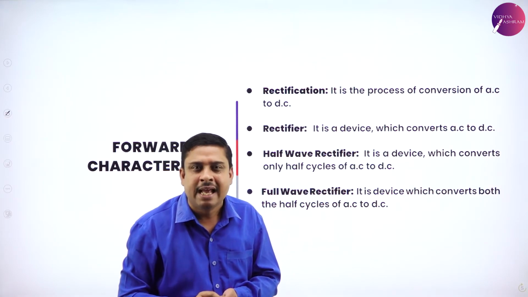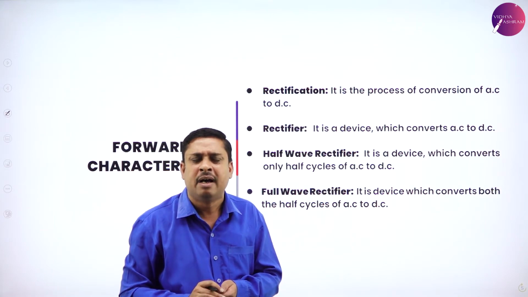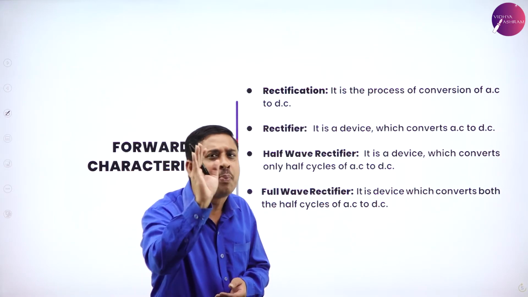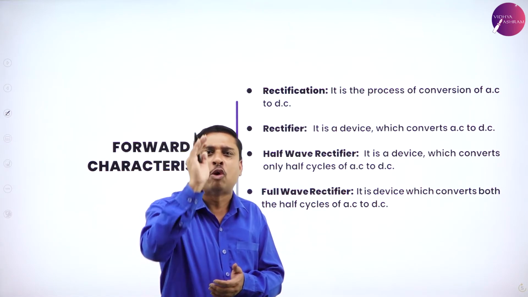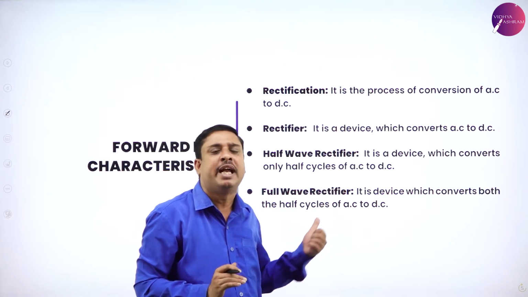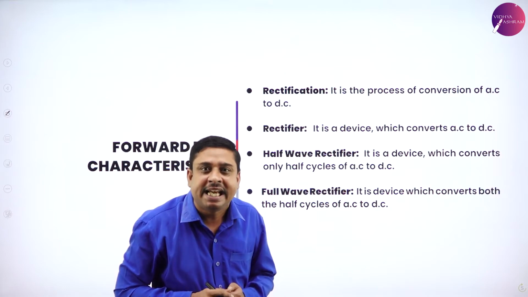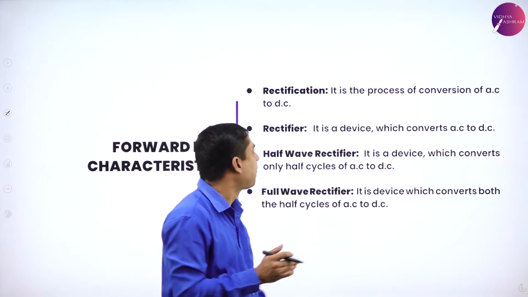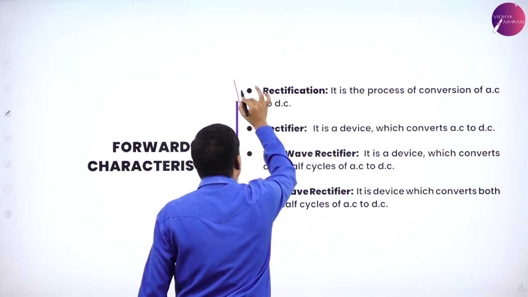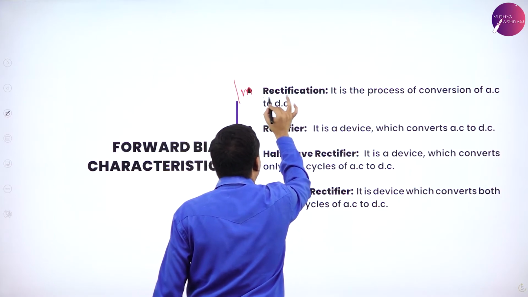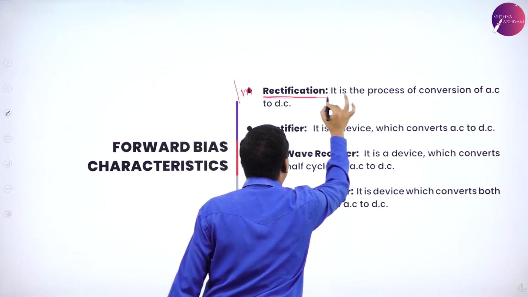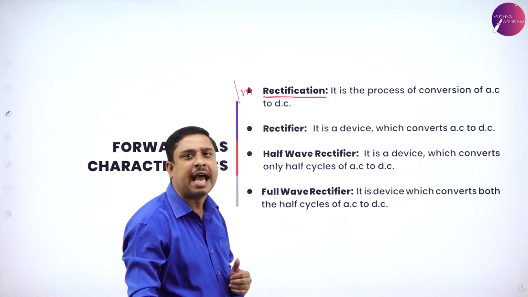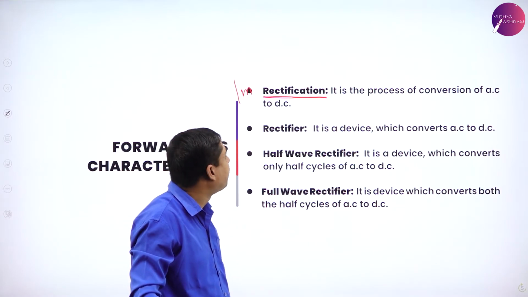Very beautiful. It is definitely one of the questions asked in the exam. It was asked in the 2020 paper too. So this is a very important 1 mark question, rectification.